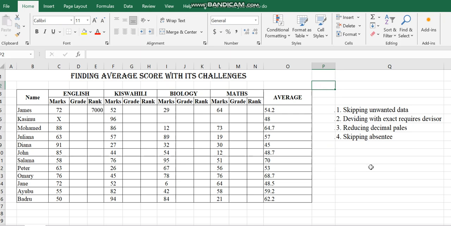Challenge number 4 is skipping a total absentee. Let's imagine, what if this person did not attend the exam completely, like this way? So we've got something which won't allow other calculation. For instance, if we were in need of finding the rank, the position, if this will be there, it won't rank properly, because it's not easy to rank other people when a certain place has not been resolved.